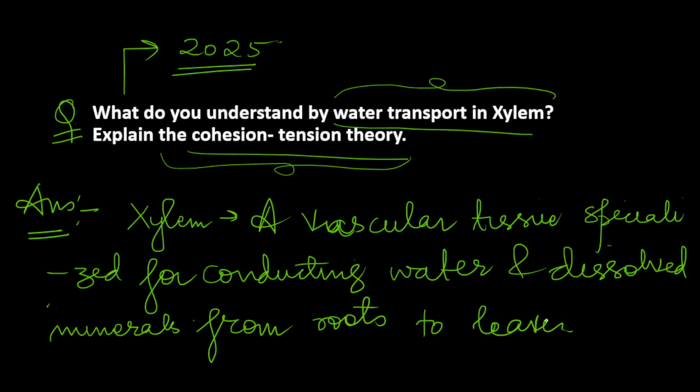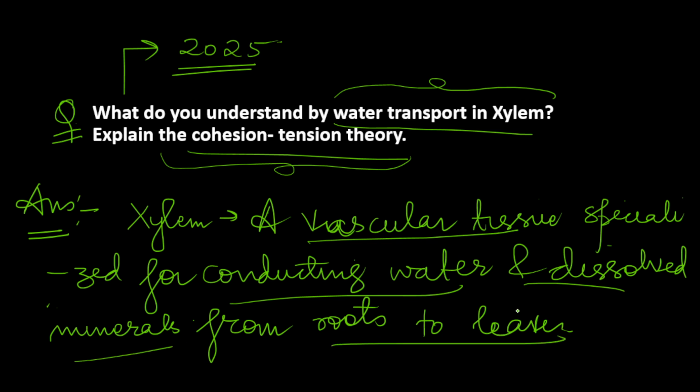So what is Xylem? It is a vascular tissue which is specialized in conducting water and dissolved minerals from root to leaves.